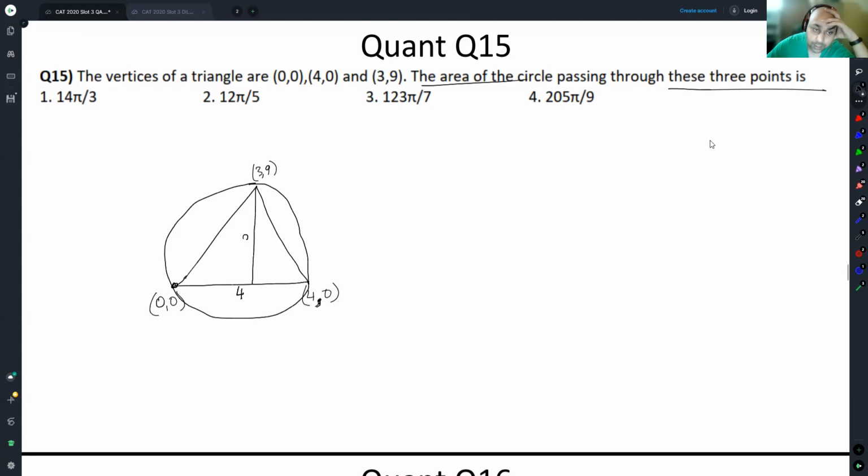The height of this triangle is 9. The area of this triangle will be half into 4 into 9. And this is also equal to ABC by 4R, where A, B, C are the 3 sides and R is the circumradius.